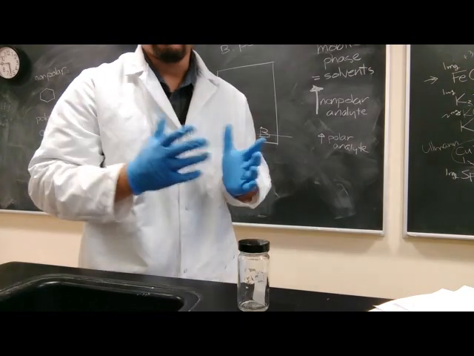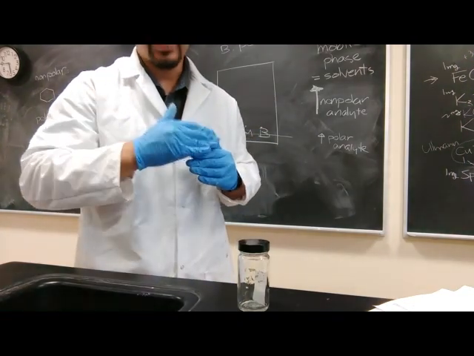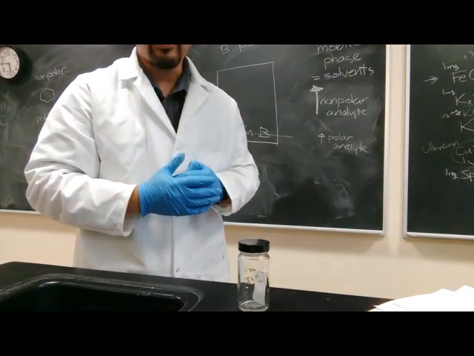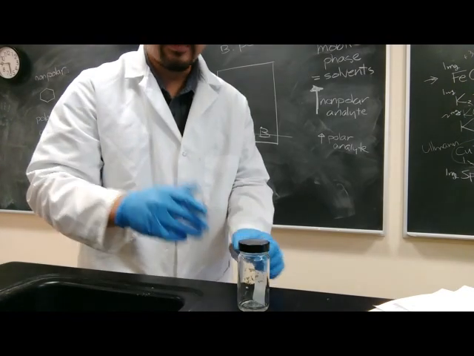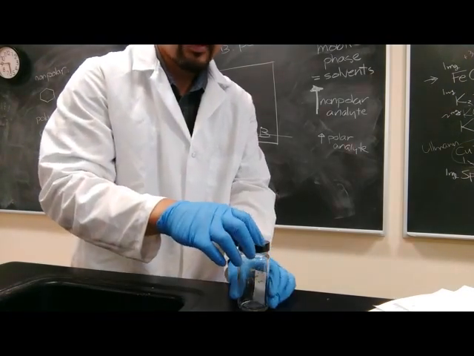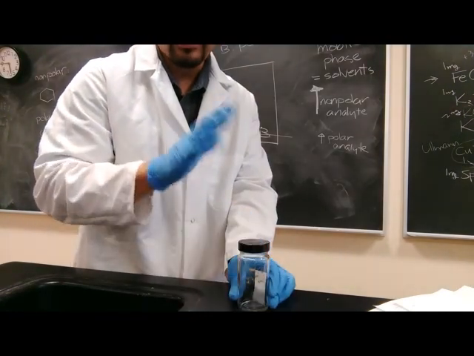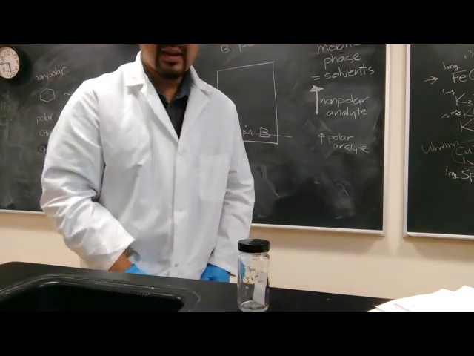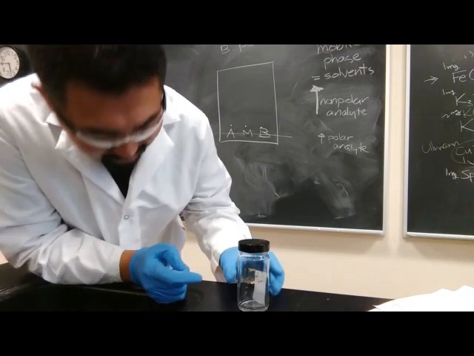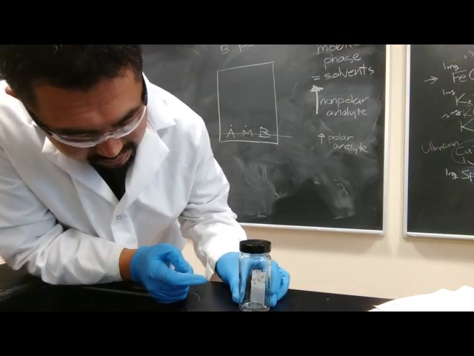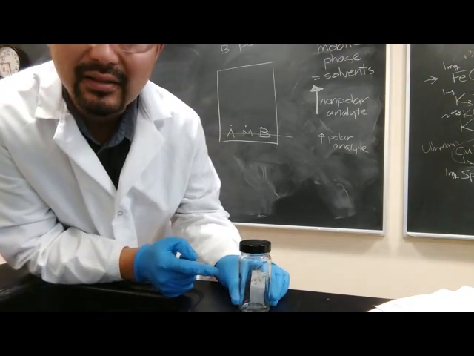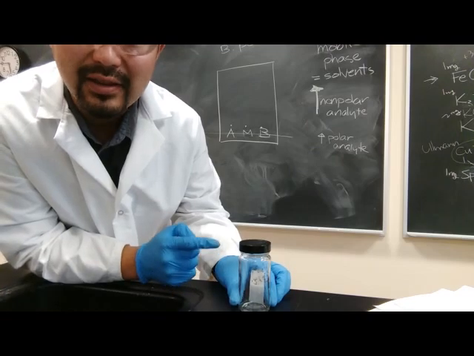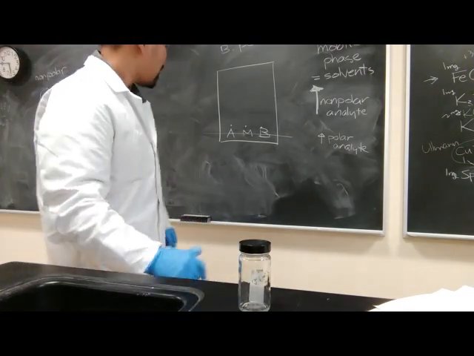How far the analytes travel, which is called the Rf value, retention factor value, is going to vary every time you do the experiment. And so to keep it consistent, you need to have a lid on. Now, I don't know if you can see on the video, but you can visually see that the solvent is moving up the TLC plate.